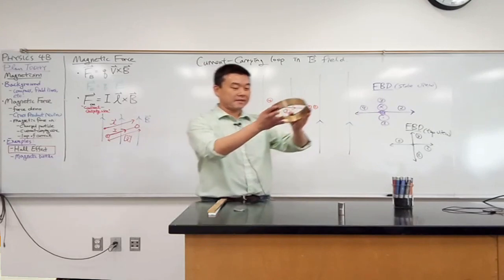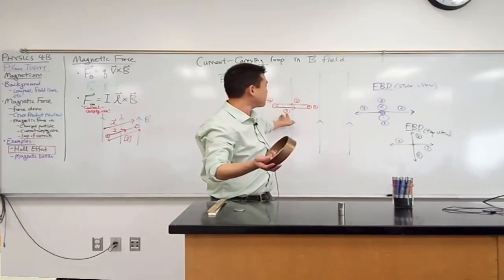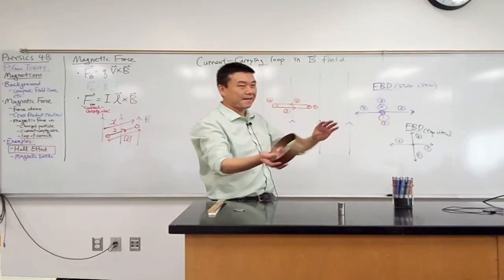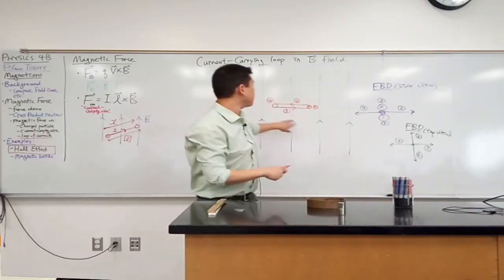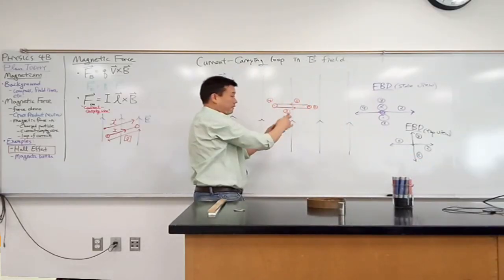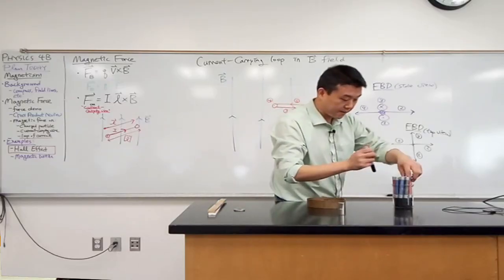Let me imagine this loop turned around. So yeah, this is in the part that's sometimes called the dead zone. So let me imagine it turned around this way. So that now I'm still dealing with the same loop, but it's oriented around. So let's say, let me do it in a different color, red.